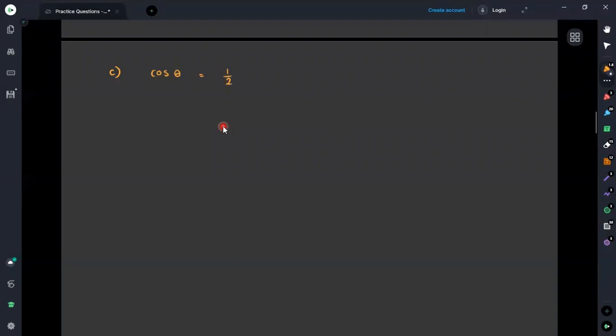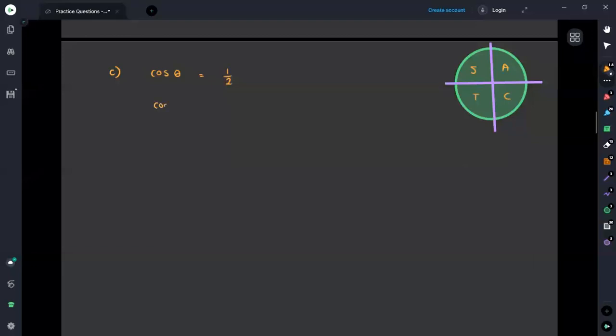What we know is that for cosine theta, according to the quadrant rule, all trigonometric ratios would be positive. Then we have to find the minimum value which satisfies this.